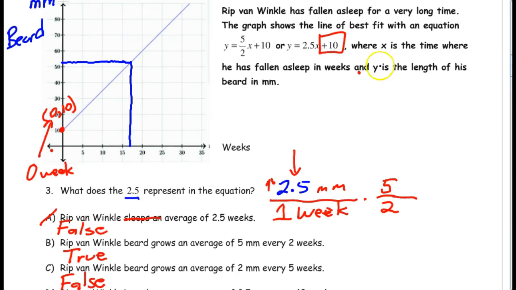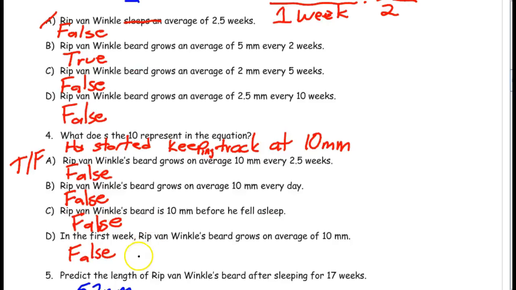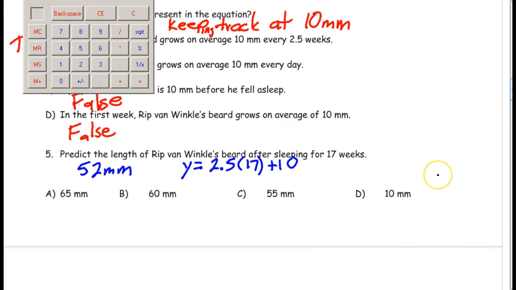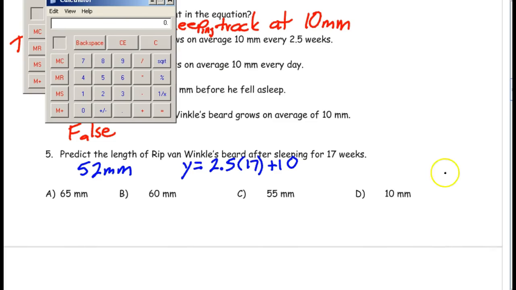And you can also use the equation. So you can plug in 17 into here. It'll be 2.5 times 17 plus 10. And that'll give you a good estimation also. So let's calculator. There we go.